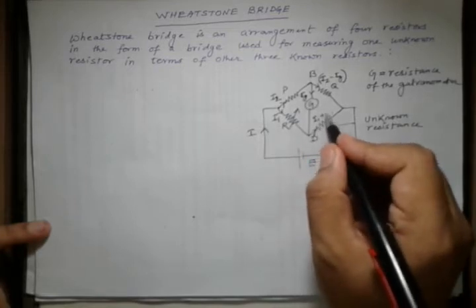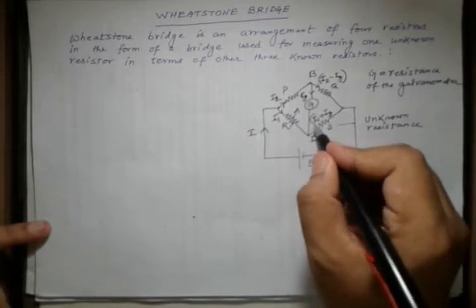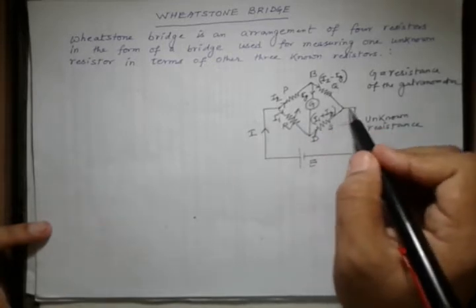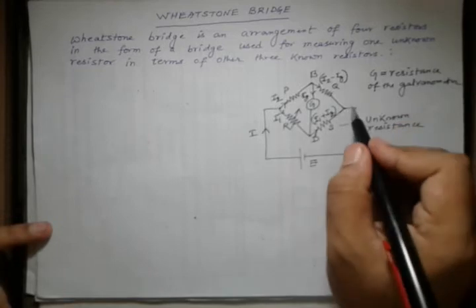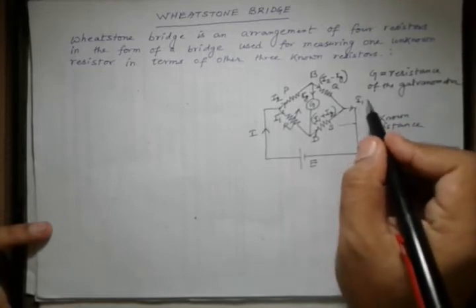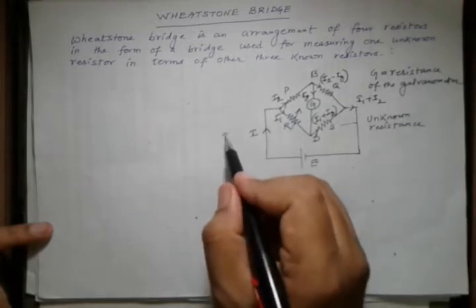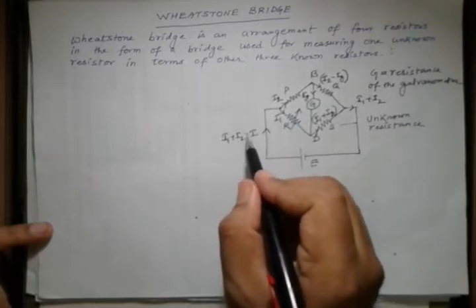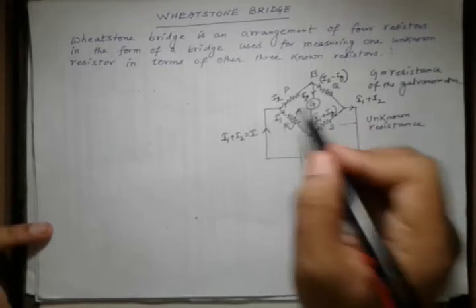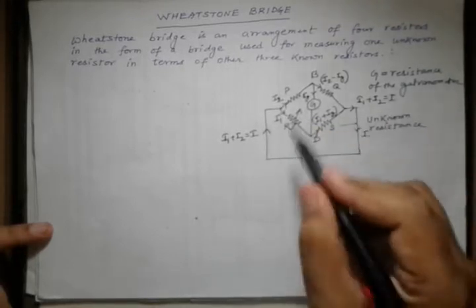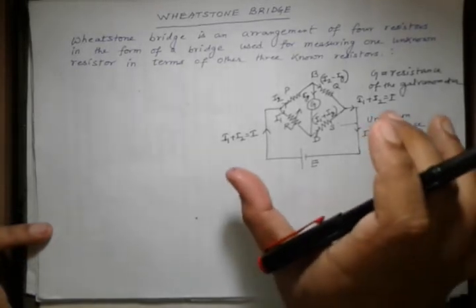Then I2 minus Ig and I1 plus Ig will come here and form I1 plus I2. What is I1 plus I2? It is nothing but I. See, I was divided into 2 parts, so this is I. Again the current I will come back to the battery. So this is the whole setup.